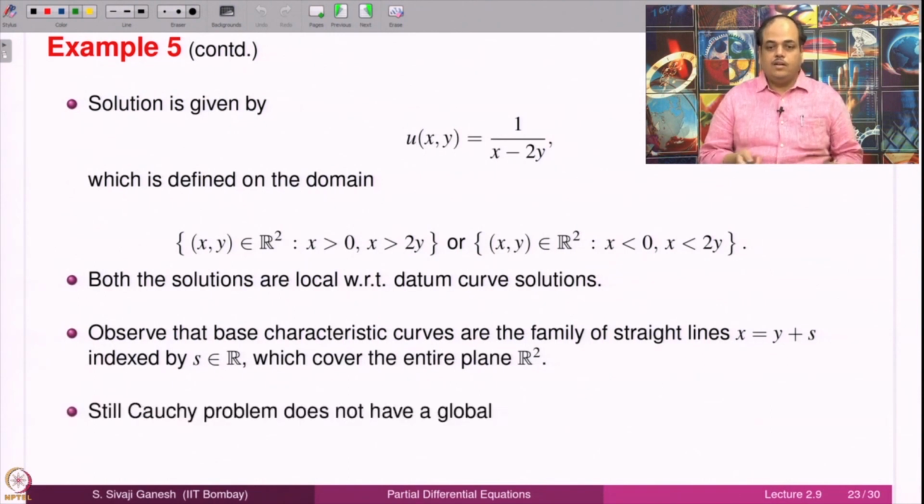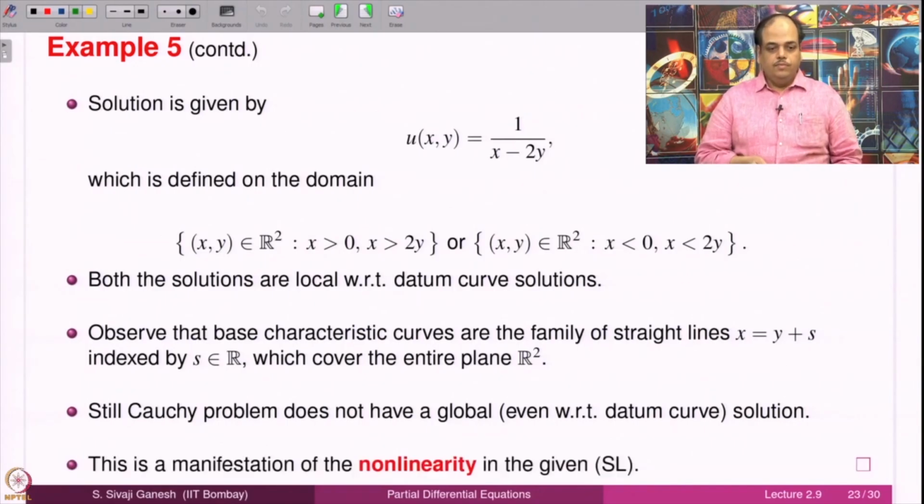Still the Cauchy problem does not have a global solution with respect to domain, forget about it, even with respect to the datum curve it does not have a global solution. So, this is a manifestation of the nonlinearity in the right hand side, namely u square in the PDE.